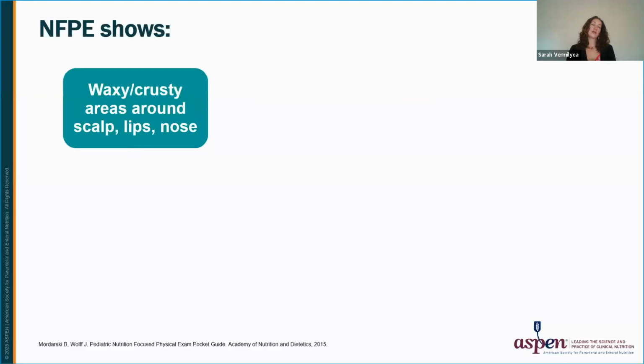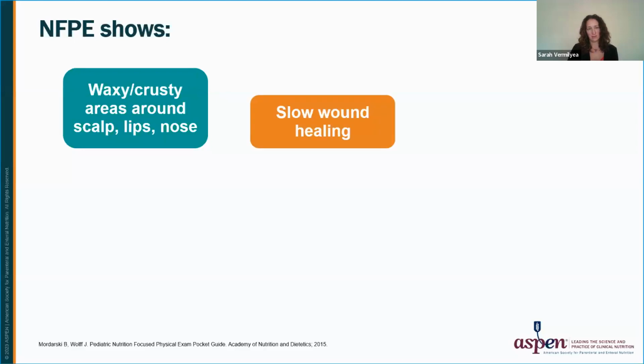Another situation, seeing some waxy, crusty areas around the lips, the eyes, and the nose. It's really important not to assume that skin concerns are due to poor hygiene or maybe even acne, that type of thing. A lot of nutrient deficiencies and even toxicities can manifest in the skin. So taking a good close look at that.